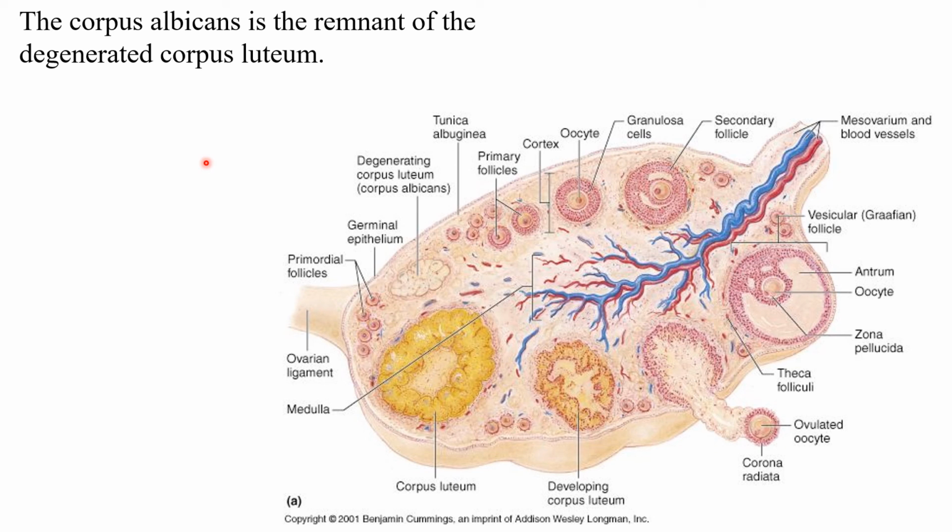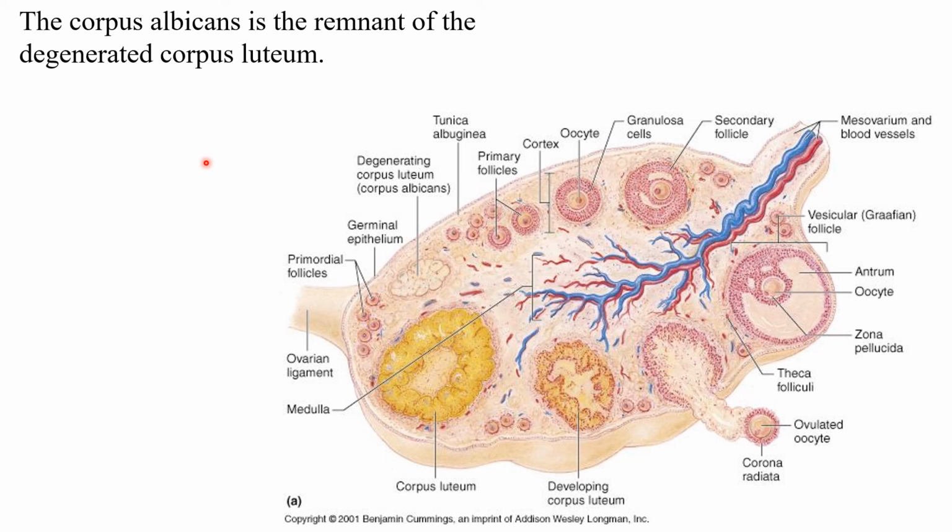If there is no fertilization, then on 28th day, generally the corpus luteum stops secreting progesterone, as a result of which the endometrium of the uterus collapses, leading to something called menstruation.